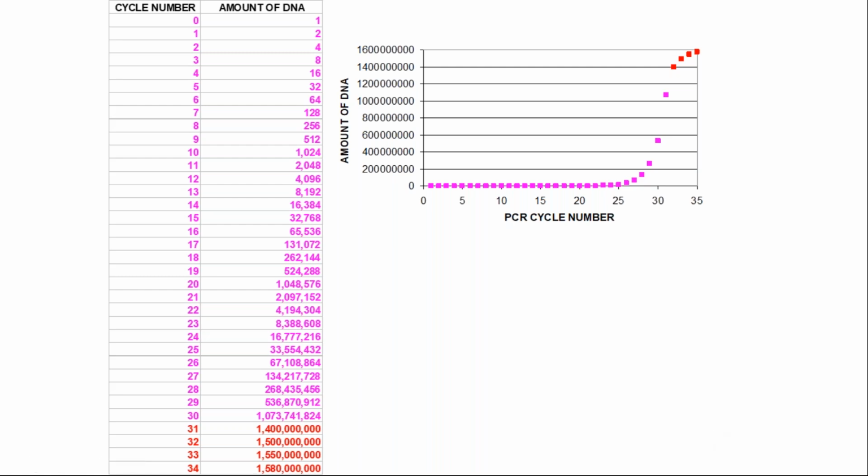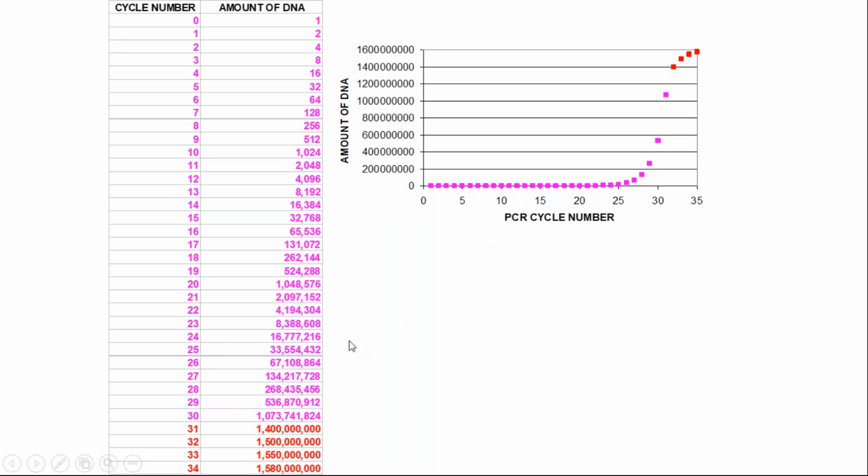So as you go through the PCR cycle number, the quencher and the reporter are still very close to each other, and it takes almost up to the 24th or the 25th cycle for the fluorescence to increase.